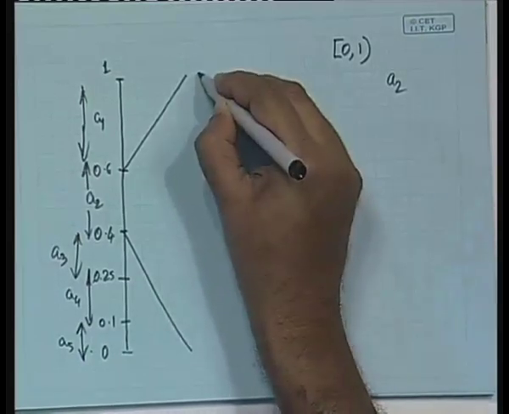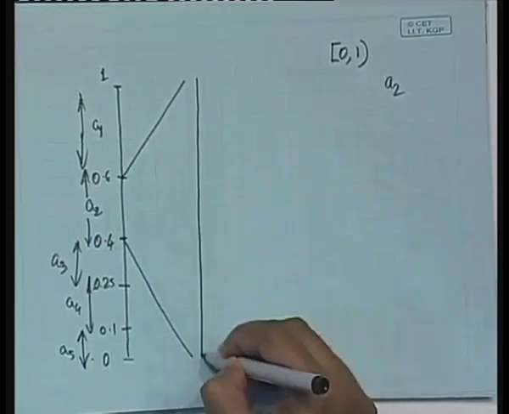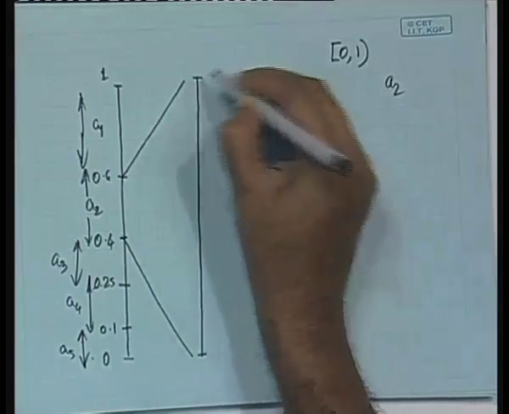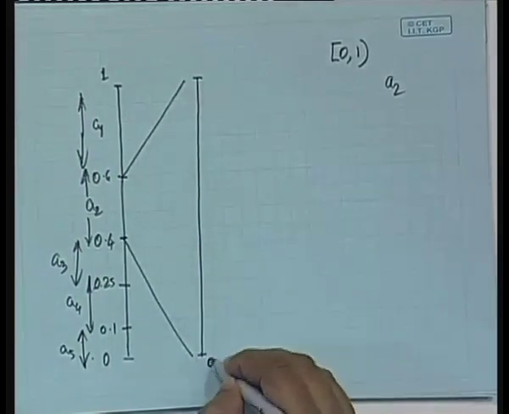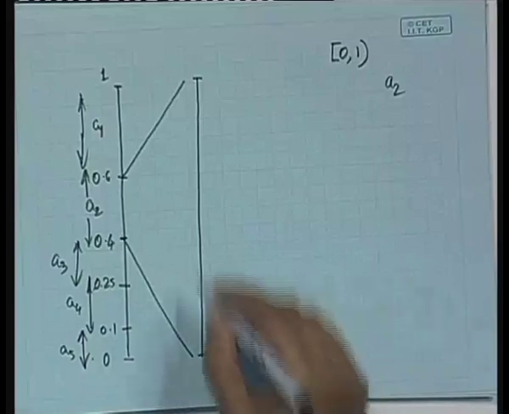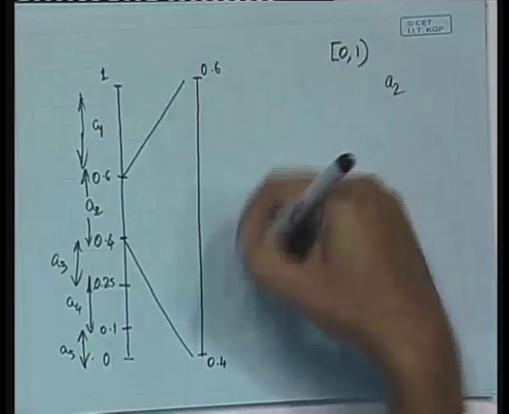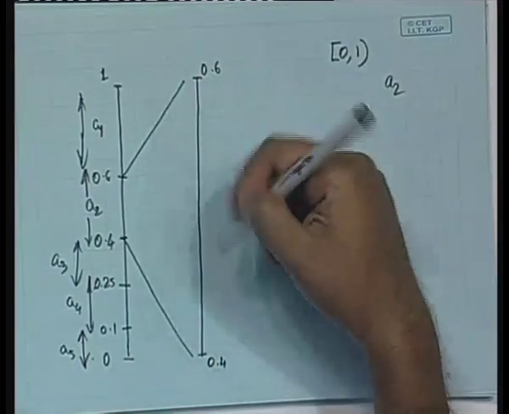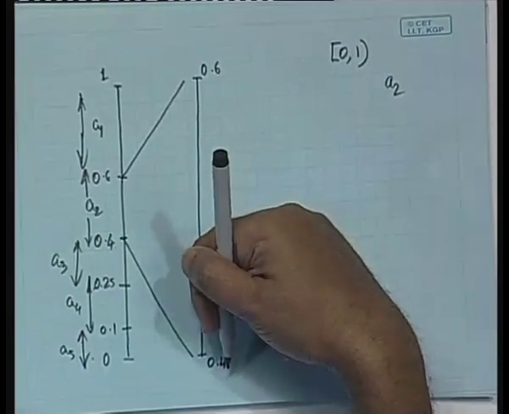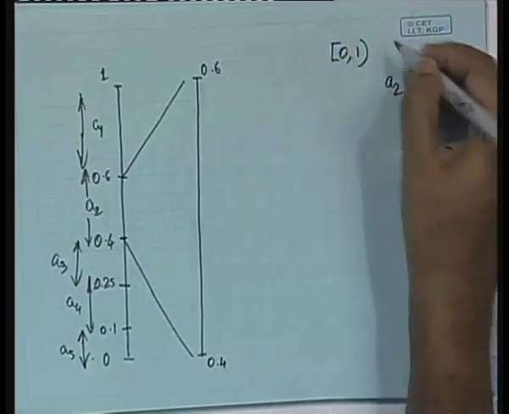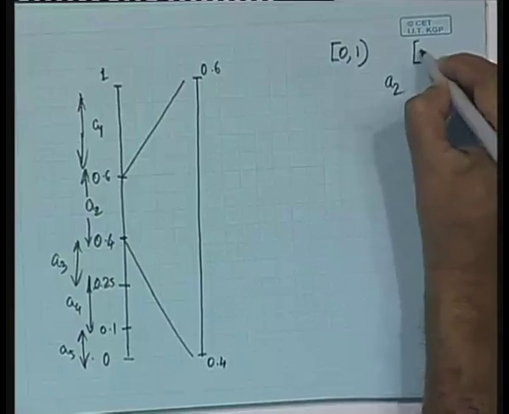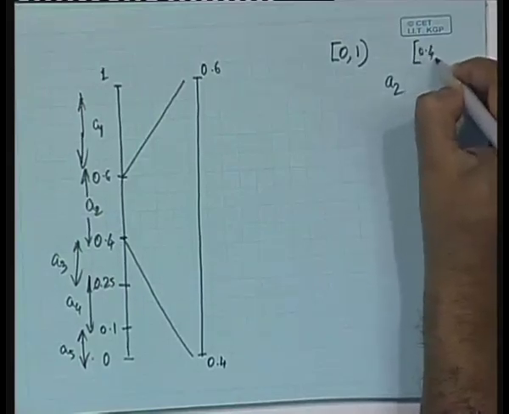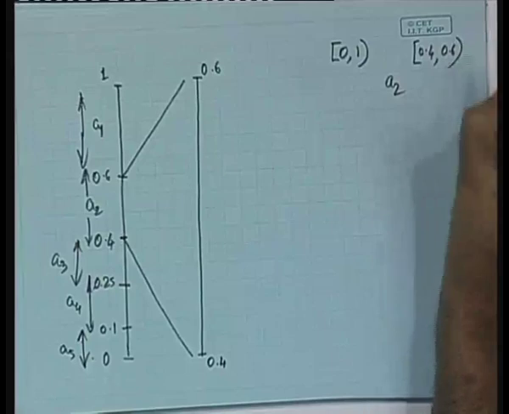Now we represent another number line, in which the lower range is 0.4 and the upper range is 0.6. So it is covering the half open interval of 0.4 to 0.6, with 0.6 being the open end.